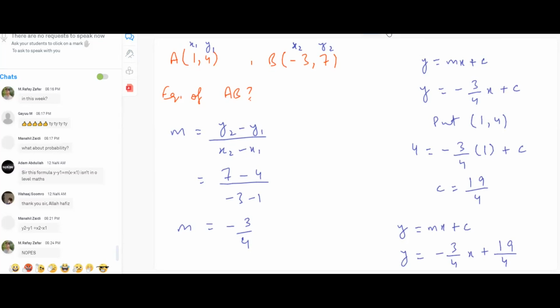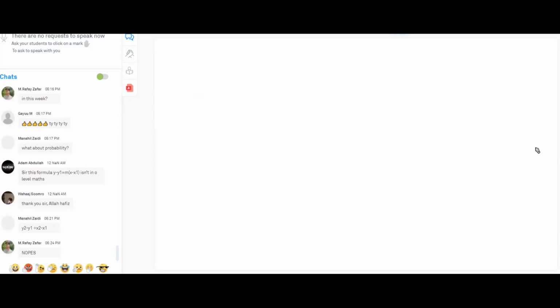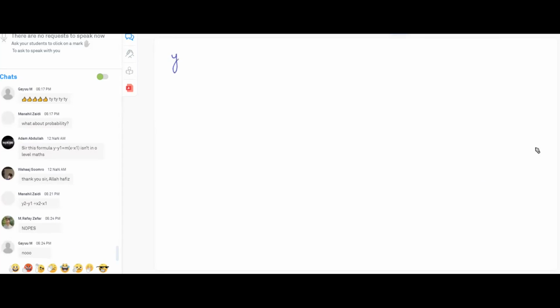All right, let's do one more thing. What if you have this equation given? Let's say you've got y equals -3x plus 7.